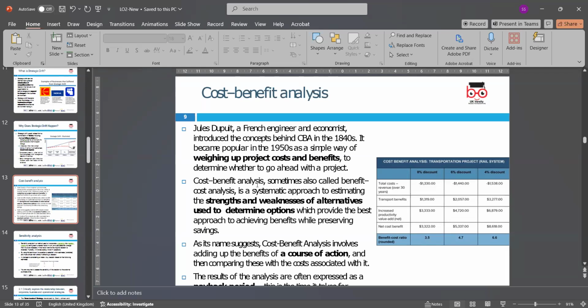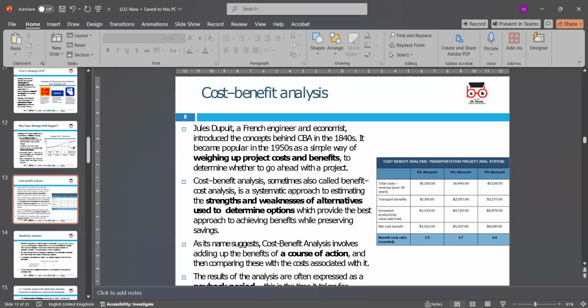So in cost and benefit analysis, what do you do? Through this, you estimate the strengths and weaknesses of alternatives to determine the best option. For each option, you find the strength and weakness.